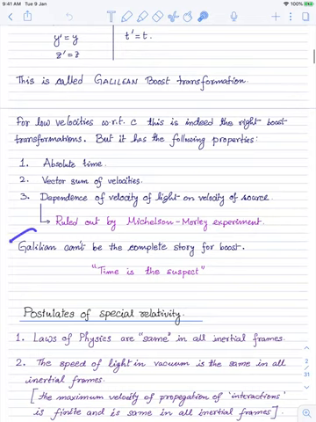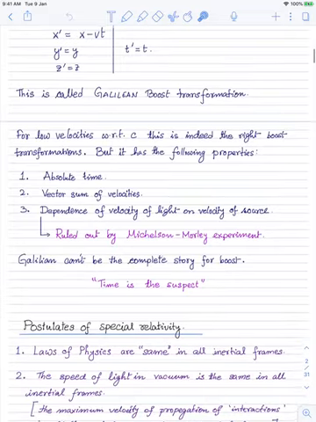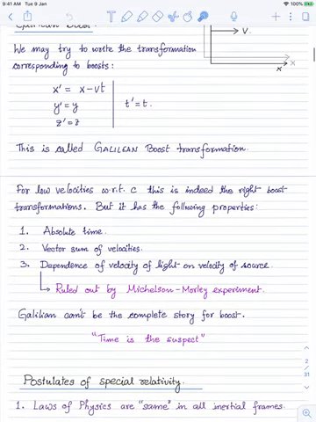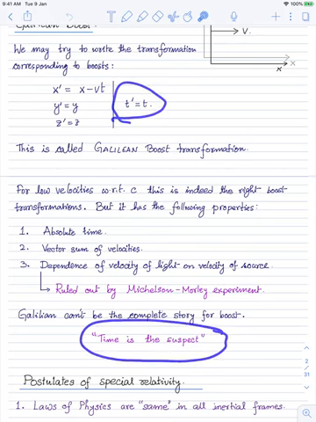So this Galilean boost can't be the complete story. Einstein thought about this problem very hard, and he came up with a solution: the fact that we are assuming absolute time, this time is the main suspect here.